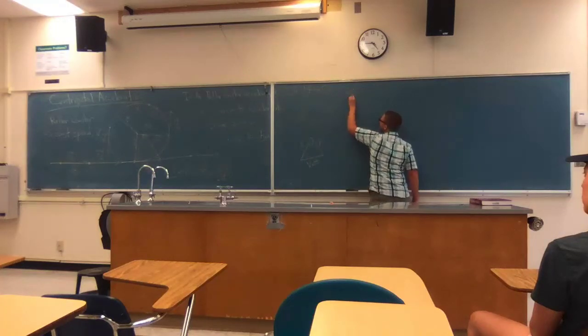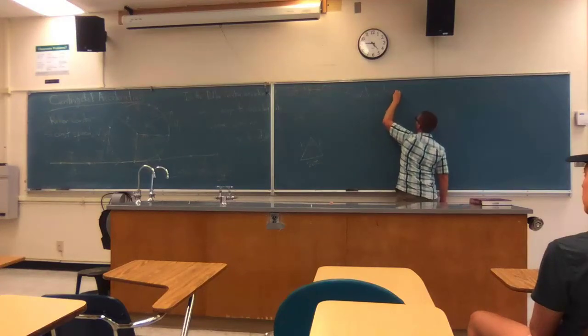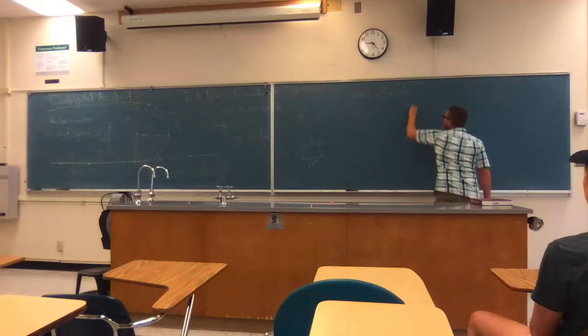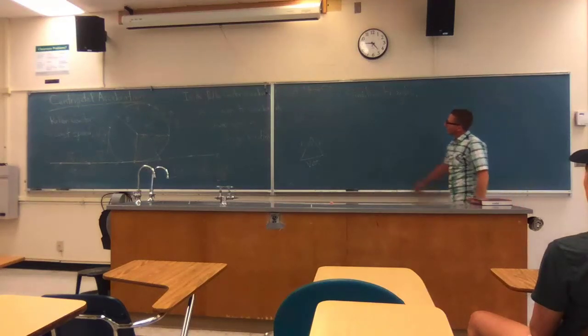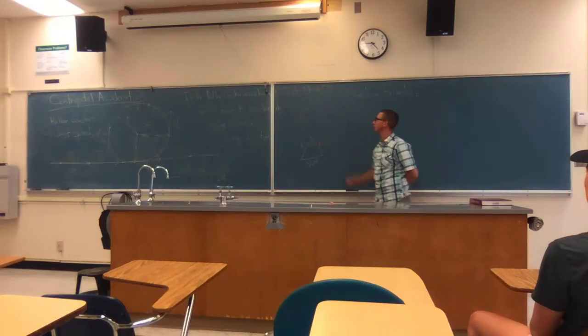Okay, so now using similar triangles, we know that since the angles are the same, the vectors have bent by the same amount.